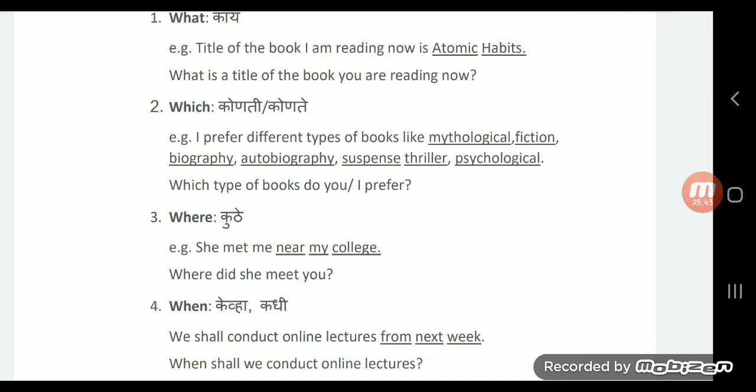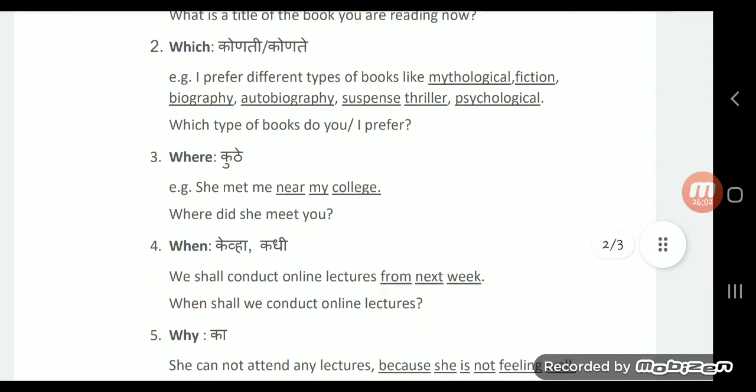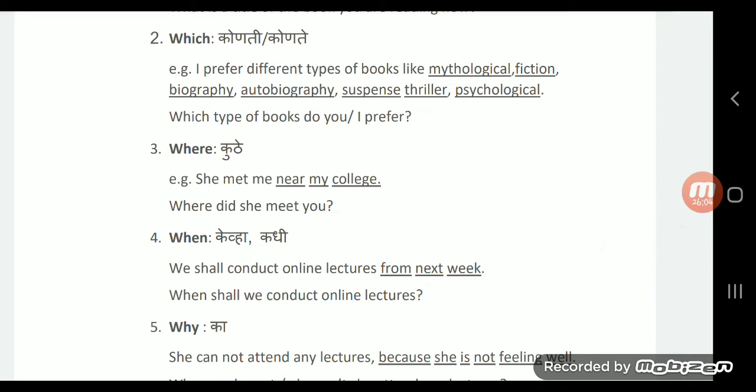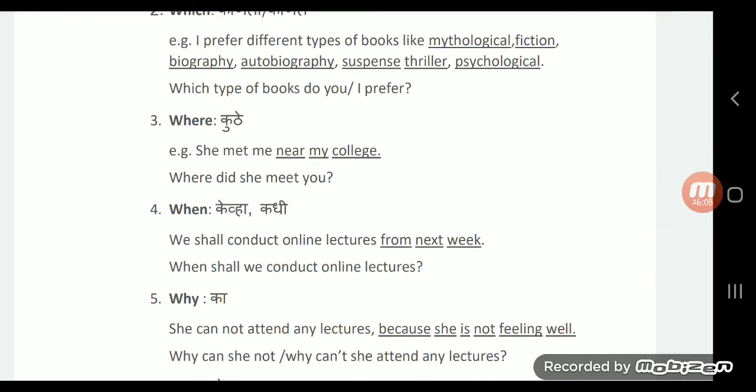Which type of books do you prefer? माझा क्वेश्चन असा असणार आणि आन्सर मला काय येईल, मायथॉलॉजिकल, फिक्शन, बायोग्राफी, ऑटोबायोग्राफी, सो अँड सो. ओके, आय होप इट इज गेटिंग क्लिअर टू यू. नाही समजलं, आस्क मी इन अ चॅट बॉक्स, आय विल एक्सप्लेन इट वन मोर टाईम or I'll give you some another examples as well.